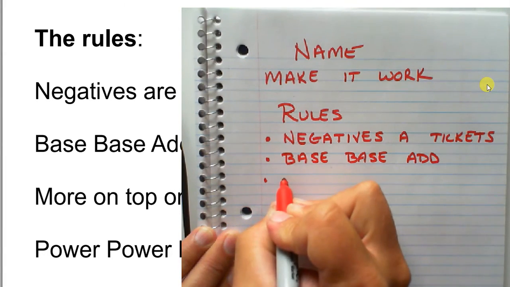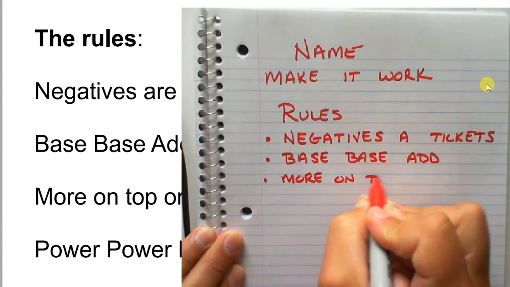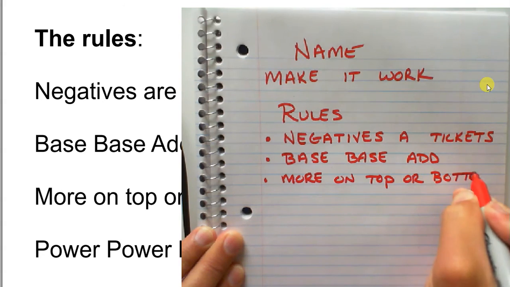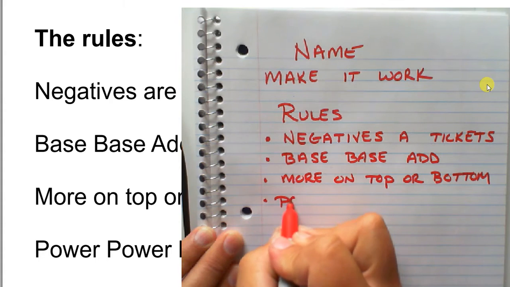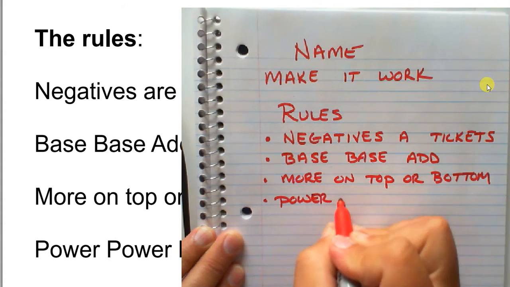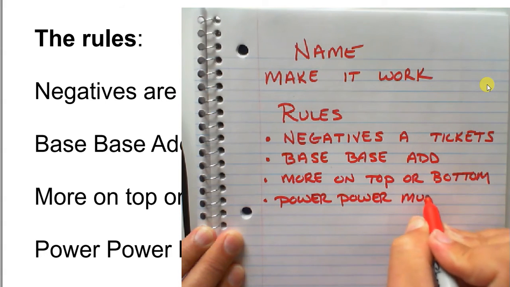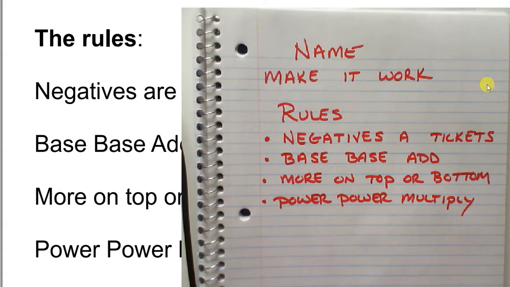We know more on top or bottom. That's division. And we also know power, power, multiply. So we're going to apply those rules to some problems.